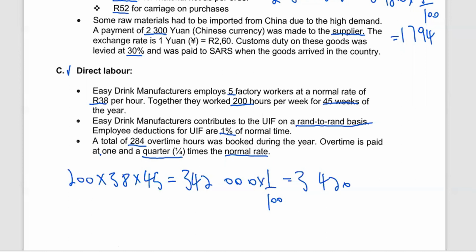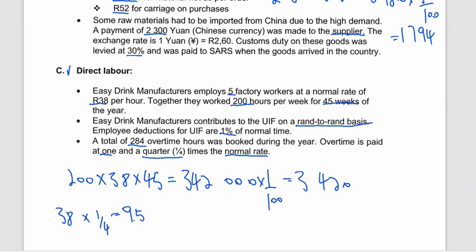Overtime is paid at 1 and a quarter times the normal rate. So now, our normal rate is 38 Rand. So we want the quarter of the 38 Rand. So 38 times 1 divided by 4. Then we get our answer, which is 9.5.